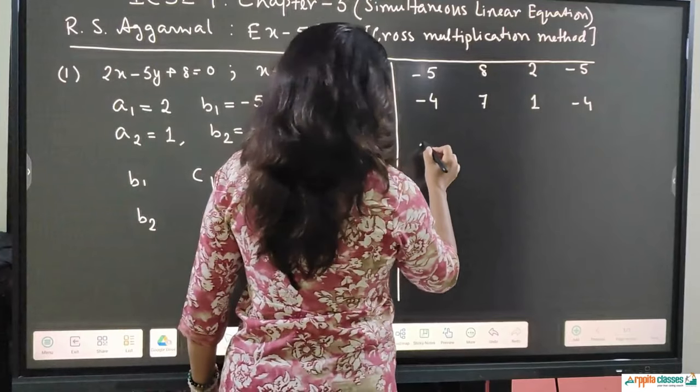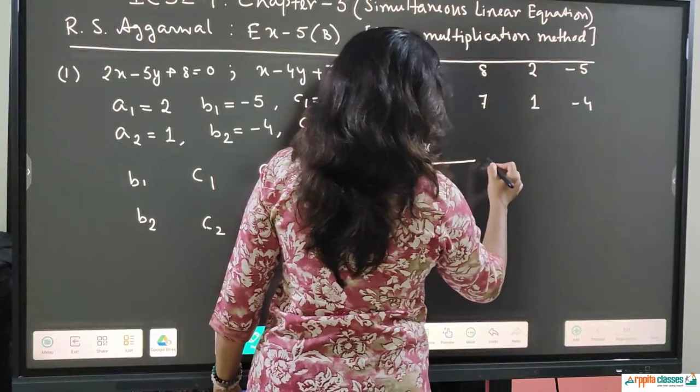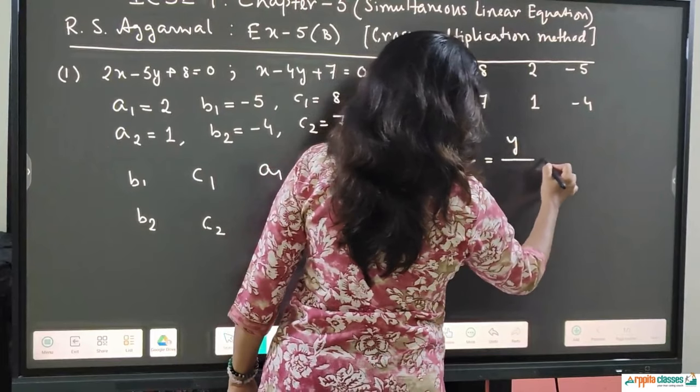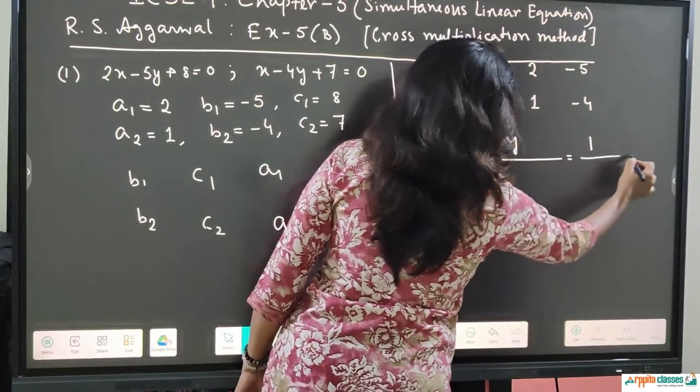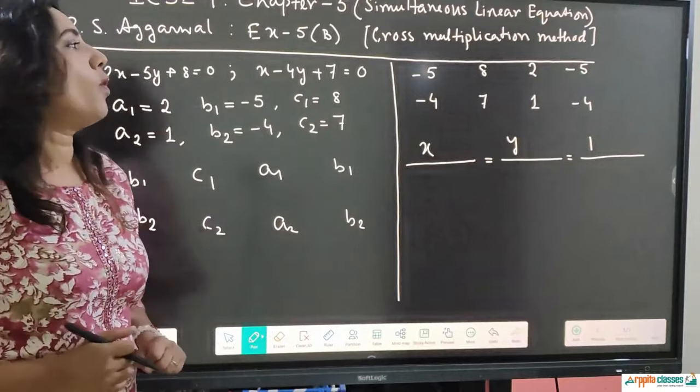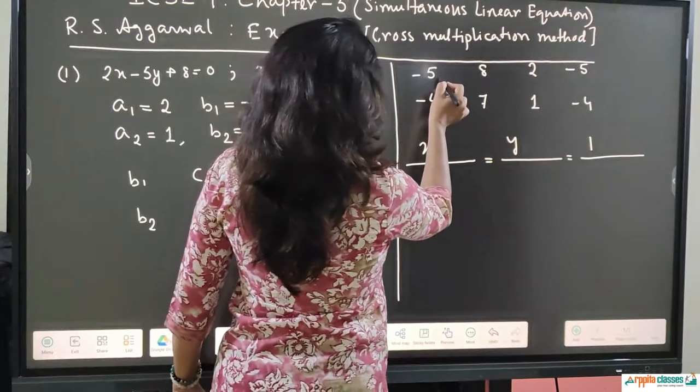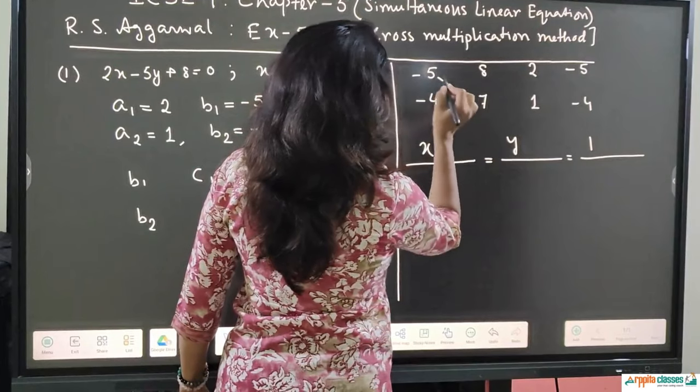Now we'll write x upon something is equal to y upon something is equal to 1 upon something. Now what will come in the something? Multiply this way. Minus 5 into 7.